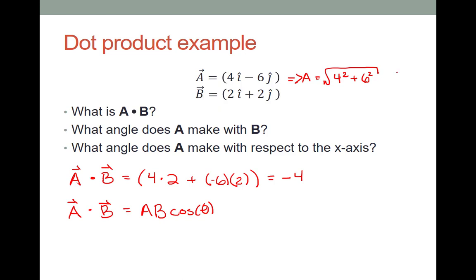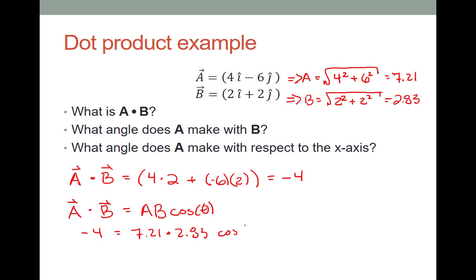And that works out to be 7.21. And I can find the magnitude of B by taking 2 squared plus 2 squared, and that works out to be 2.83. So now I can come down here and say negative 4 equals 7.21 times 2.83 times the cosine of the angle.